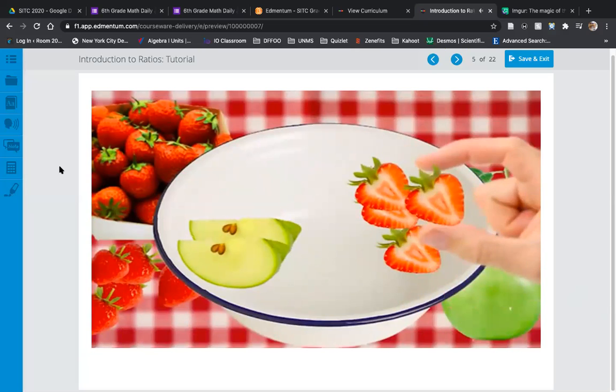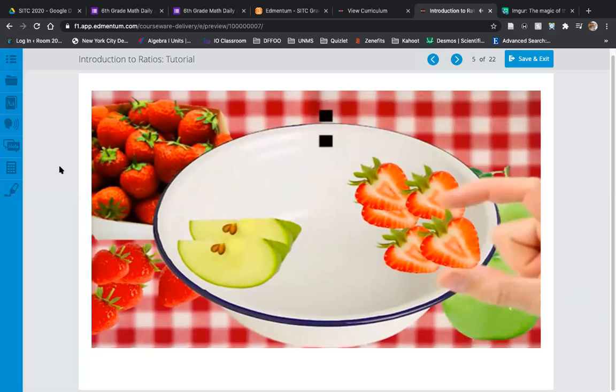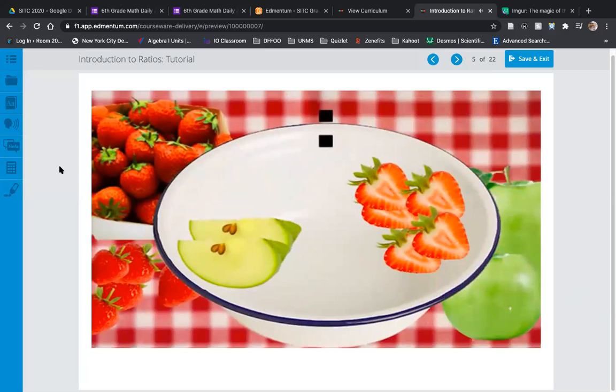A colon is written between the 2 numbers to represent the ratio of cups of apples to cups of strawberries. It is a 2-to-5 ratio. These numbers correspond to the actual quantities of fruit for our fruit salad recipe. Just like with the ratio we wrote down, there are 2 apple slices and 5 strawberry slices.